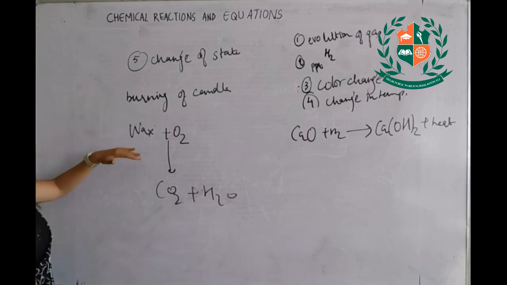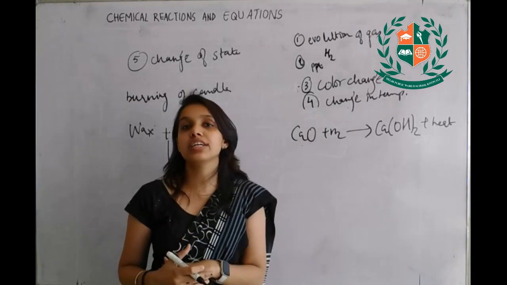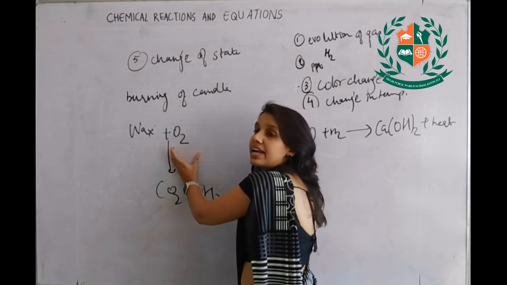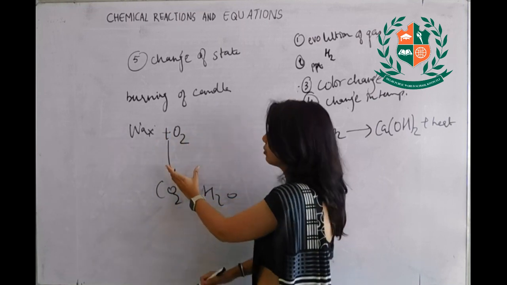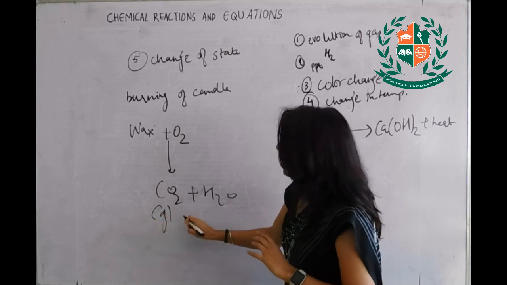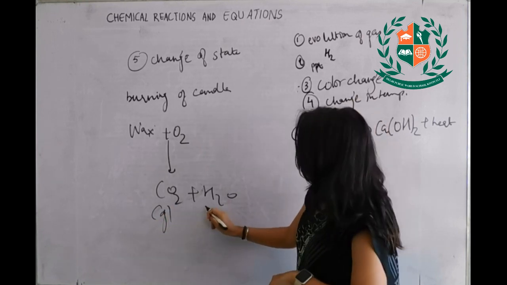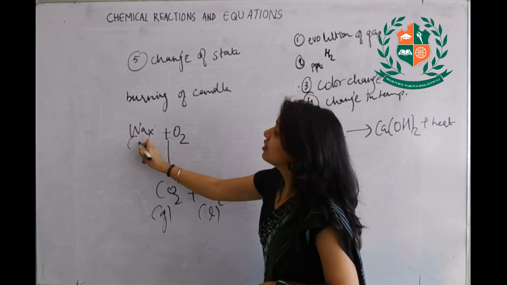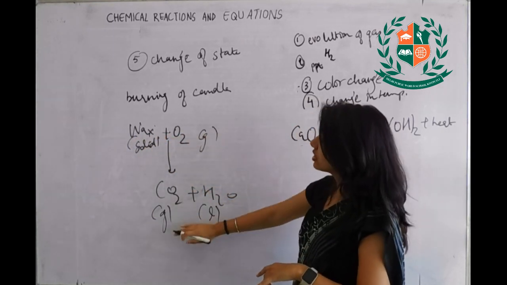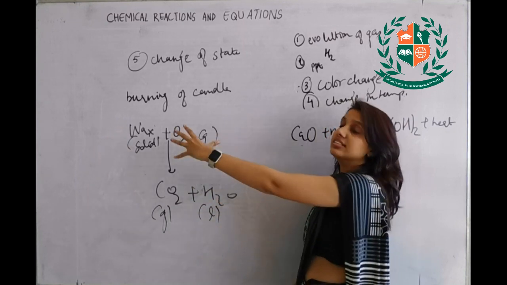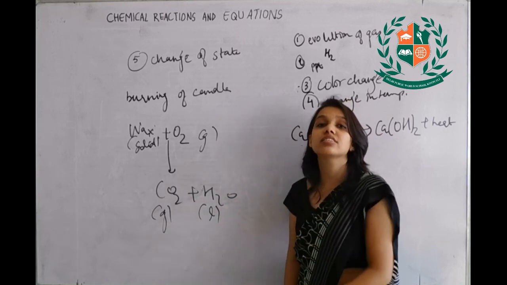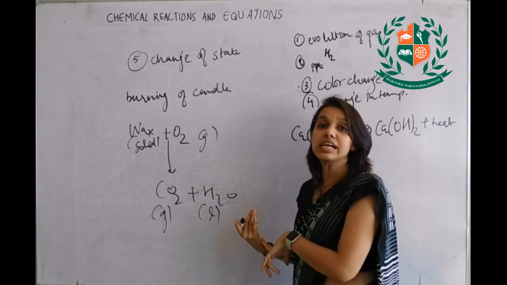When a candle burns, the wax is solid, and after combining with oxygen it makes CO2, which is a gas, plus water as a byproduct, which is liquid. So a solid reacting with a gas gives a gas and a liquid; there is a change in state, and that is a characteristic of a chemical reaction.